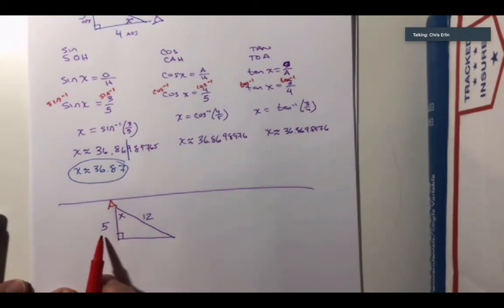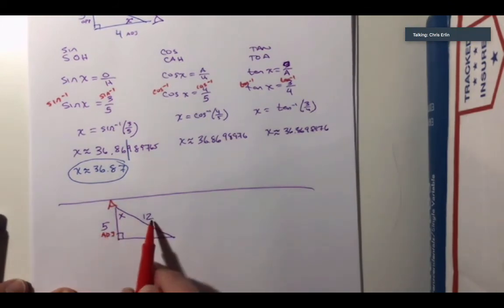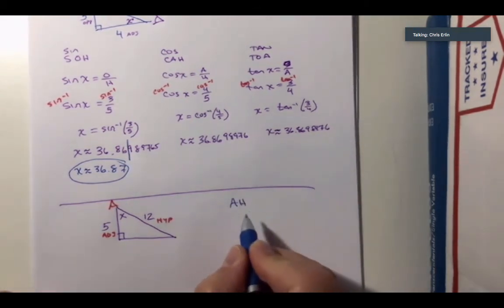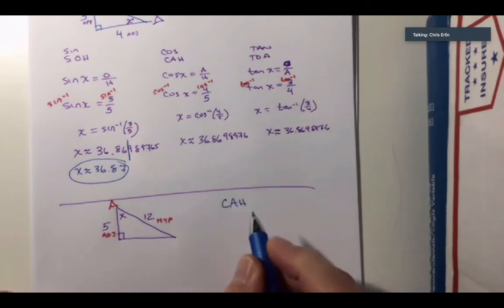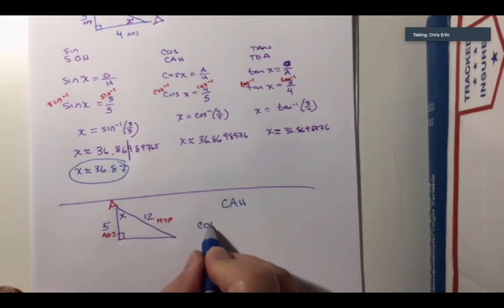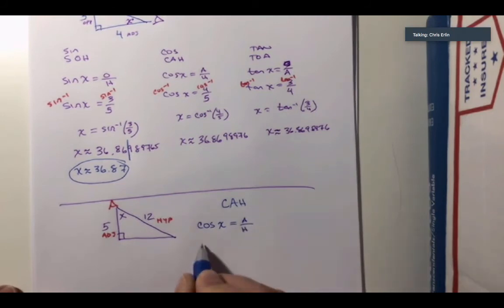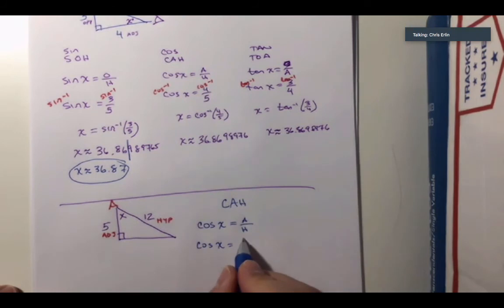Relative to that eyeball, this is my adjacent, this is my hypotenuse. Therefore, I'm dealing with A and H. I know that that's my CAH function, cosine. So the cosine of x would equal the adjacent over the hypotenuse. So the cosine of our angle x is equal to 5 over 12.